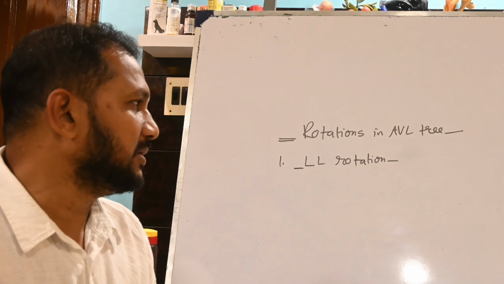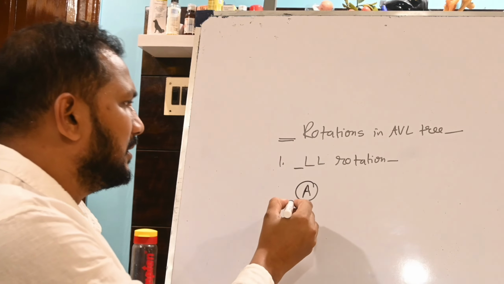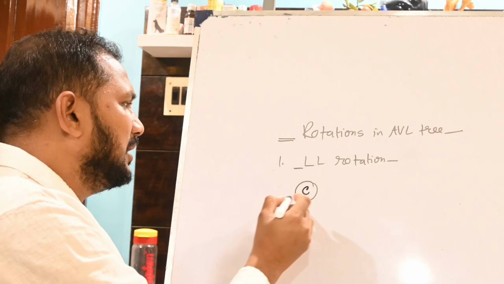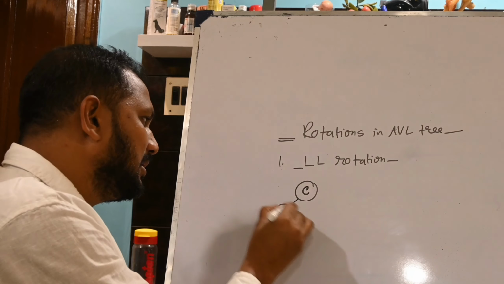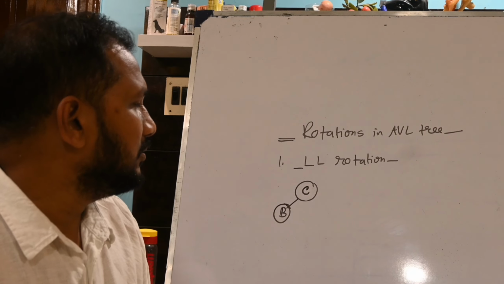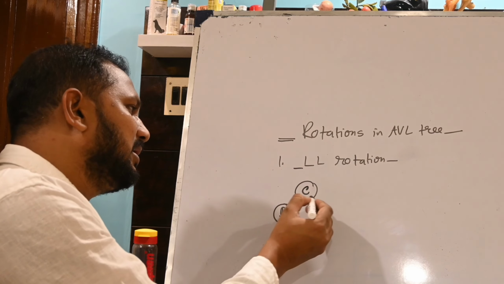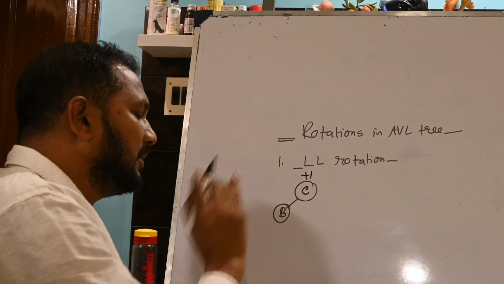Consider the rotation. Suppose this is C, and suppose this one is B, and this is now an AVL tree because the height of the left subtree is 1 and the height of the right subtree is 0. 1 minus 0 means this is plus 1.